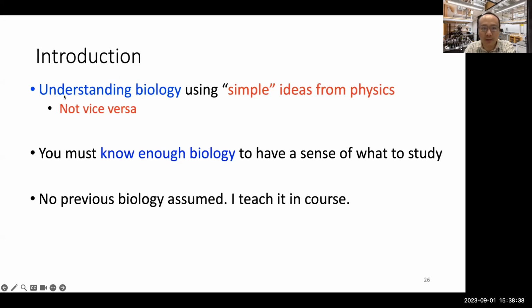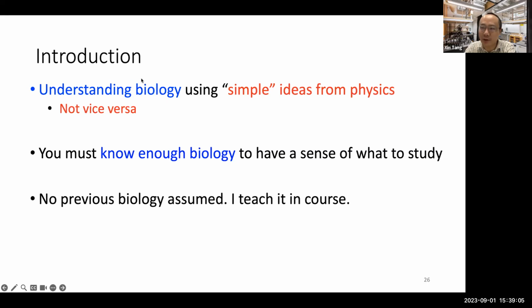Firstly, we need to understand biology using some simple ideas from physics. Usually, traditional biologists understand biology using quite complicated ideas from biology. There are many terminologies, many different names that biologists need to memorize, and then they use that to understand biology.